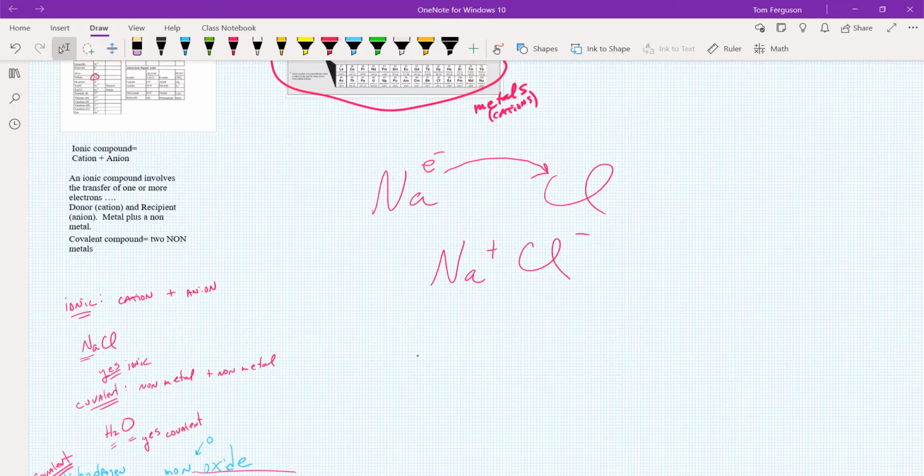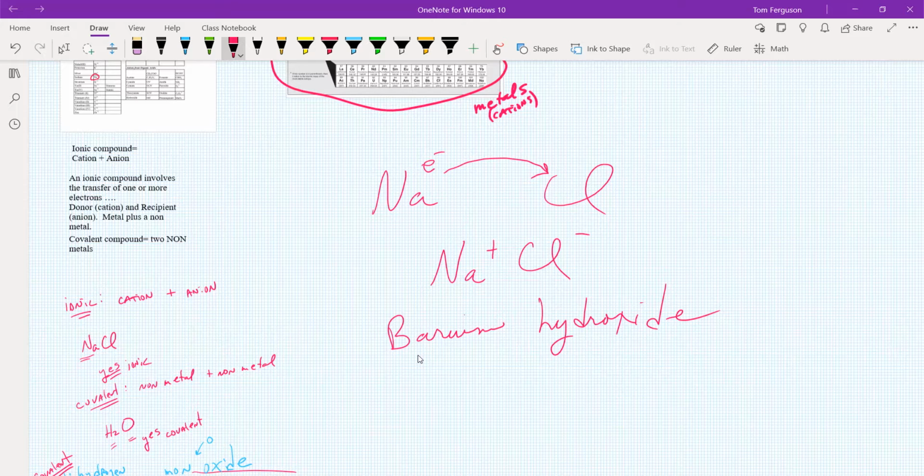So if we have something like barium hydroxide, how would you write the formula for barium hydroxide? Well, first of all, is this ionic or is it covalent? Well, barium is a metal.